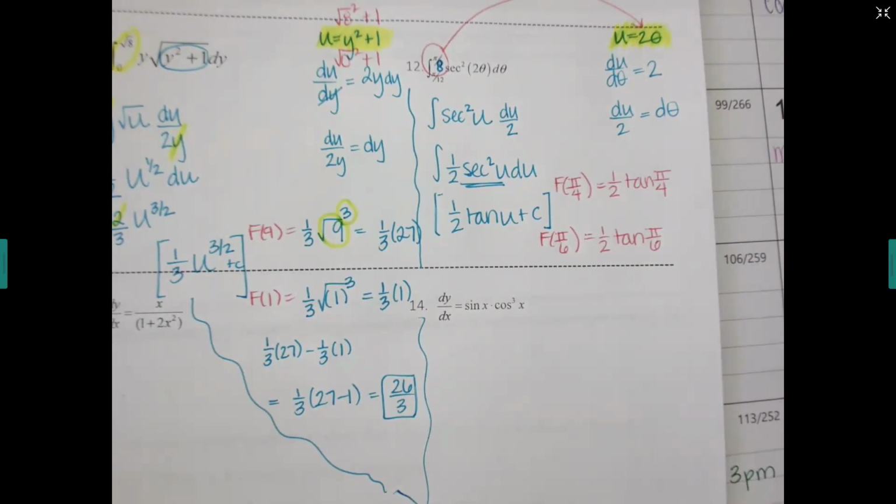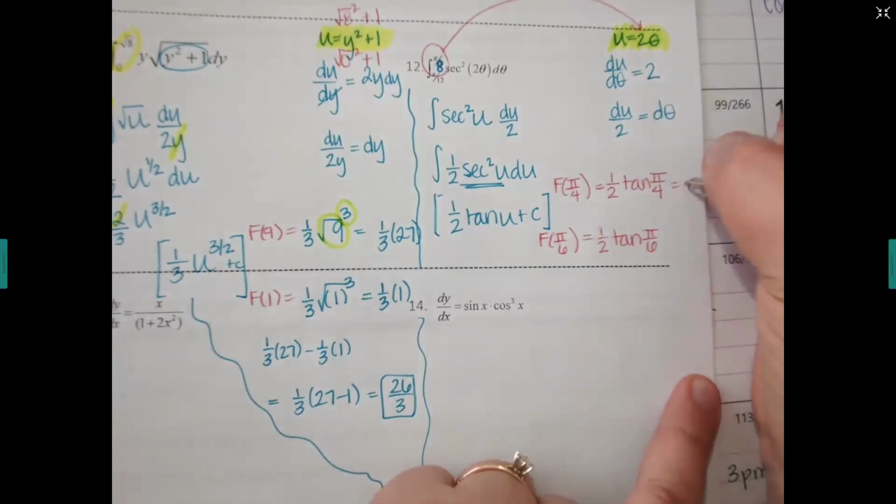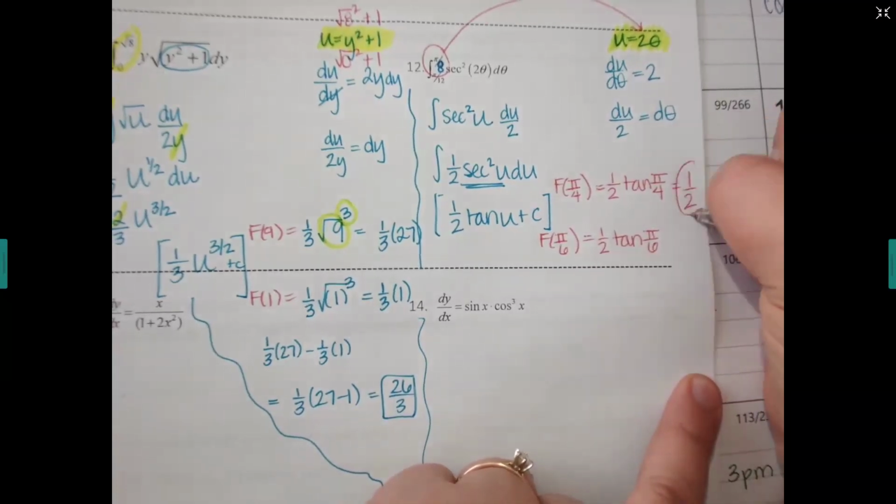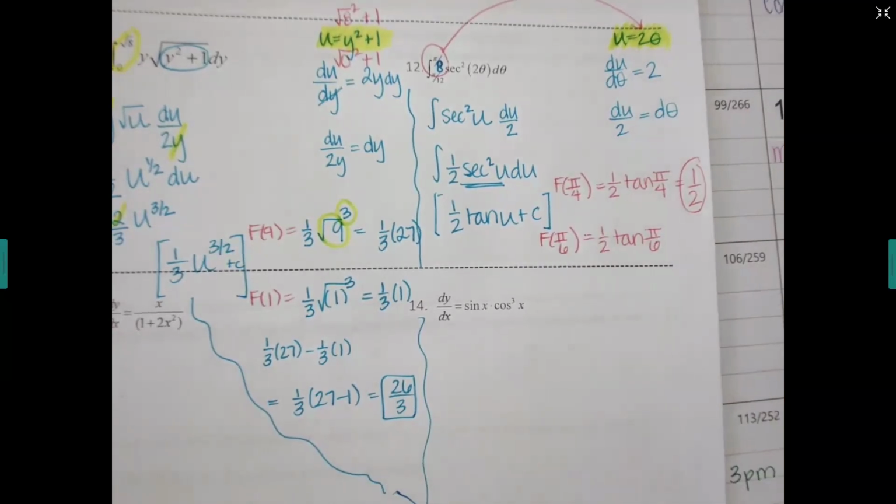What happens when you divide 2 by 2? You're going to get 1. So this is 1/2 of 1, which is really just 1/2. Now technically, let me be clear here. This is root 2 over 2 divided by root 2 over 2. But either way, when you divide two numbers that are the same, they cancel out and you get 1.